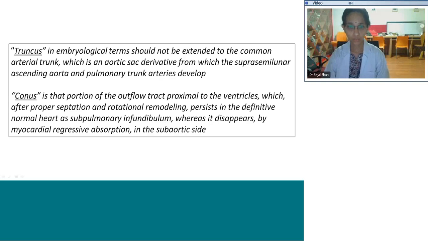Similarly, the conus, that portion of the outflow tract proximal to the ventricles, persists in the definitive heart, and we know that it is the subpulmonary infundibulum in the right ventricle, whereas on the subaortic side, it disappears. This is just because the terminologies used during embryology have some connection with the terms we use postnatally.